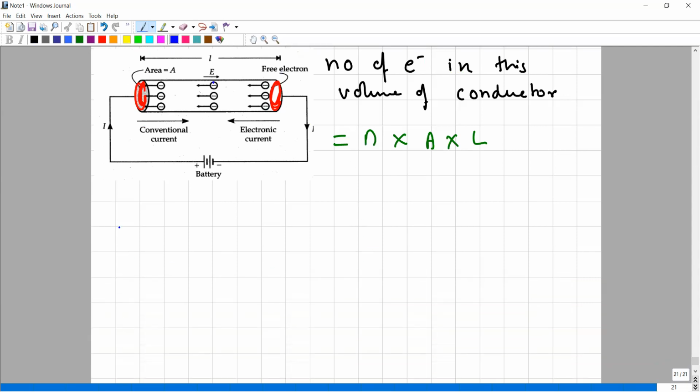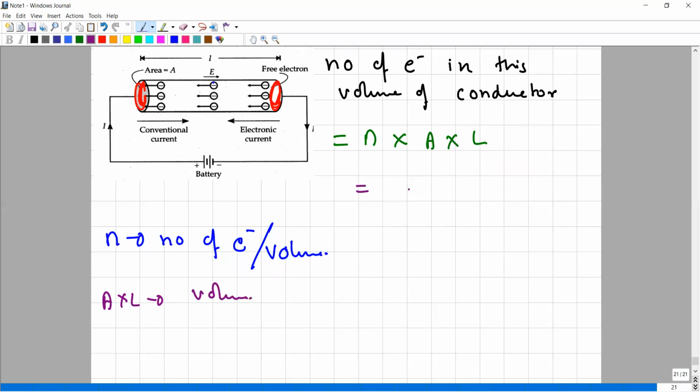Now, this small n is the number of electrons per volume. There are two n's here: one is the small n, and a capital N will also be there. So don't get confused. Small n means number of electrons per volume, and area into length is equal to volume only.